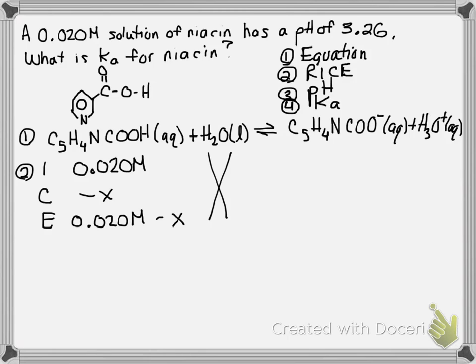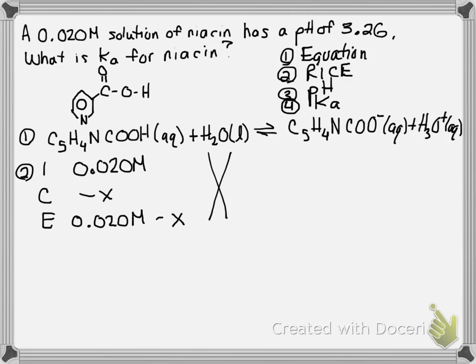They measured out that many grams, and then they added water until you ended up with a liter of solution, for instance. This number will be true whether you have a liter of solution or 100 liters of solution, just using that as an example. So that 0.020 molar is describing how the niacin solution was created. It is not telling you the equilibrium concentration of niacin. It's telling you the initial concentration. How did you make that solution?